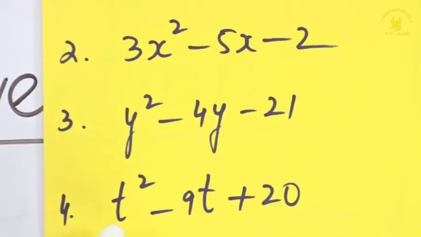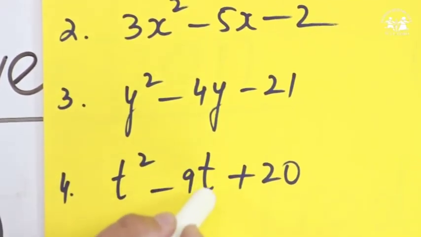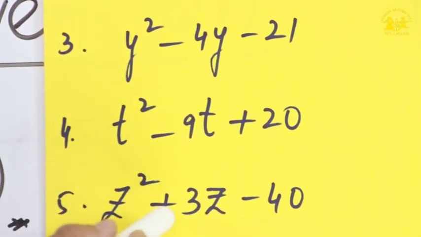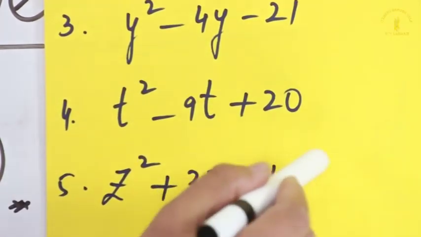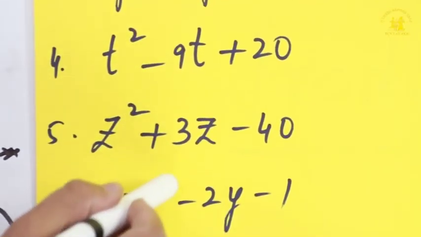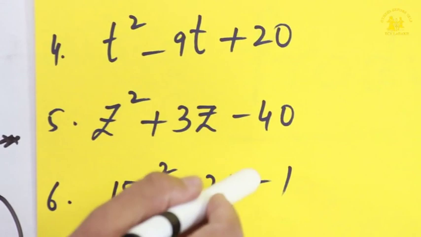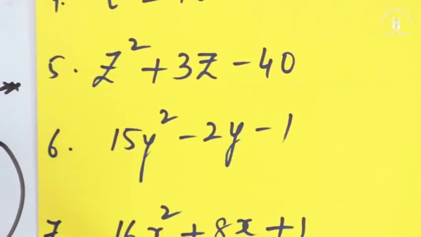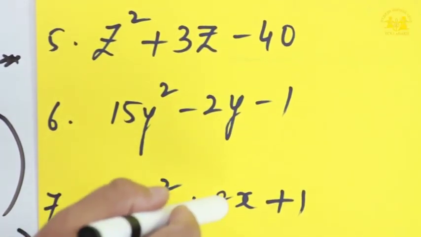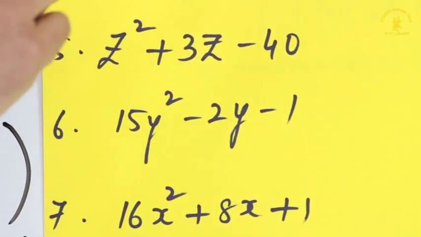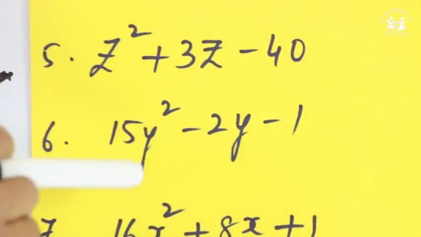Question number 4, t squared minus 9t plus 20. Question number 5, z squared plus 3z minus 40. Question number 6, minus 15y squared minus 2y minus 1. Question number 7, 16x squared plus 8x plus 1. So if we use the sign convention, we can easily factorize all these questions.